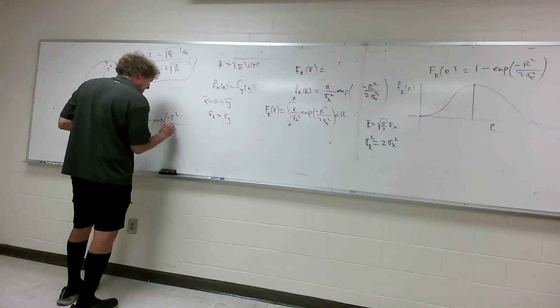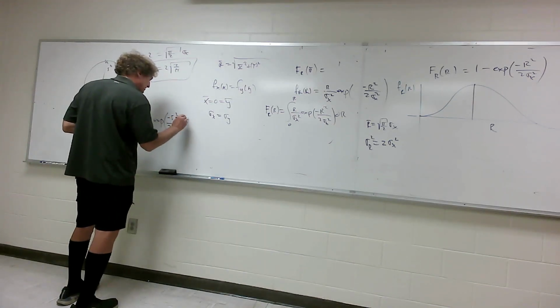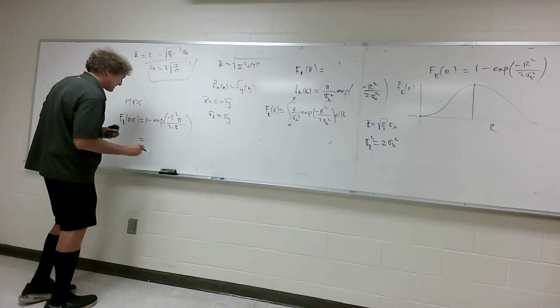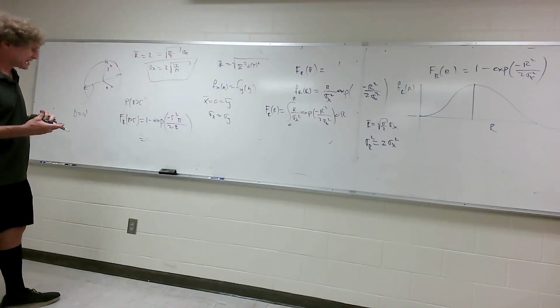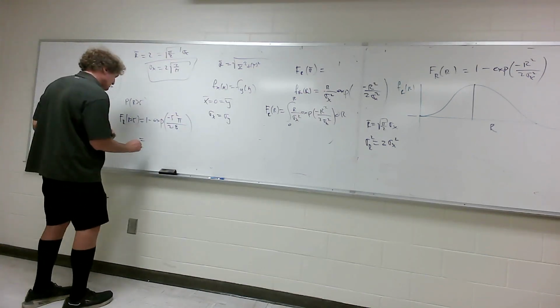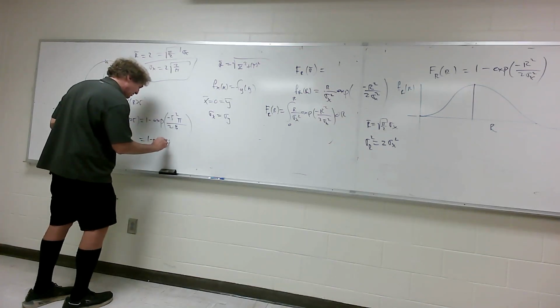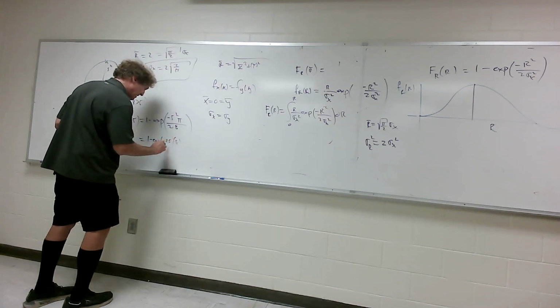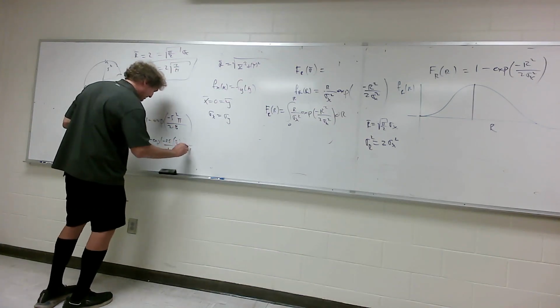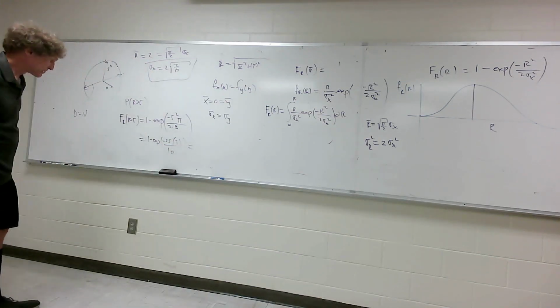So this is 2 times 8 over pi; multiply this by pi. If you guys have a calculator, tell me what that is. So this is 1 minus exp of minus 25 times pi over 16. Oh gosh, I can't do that in my head.